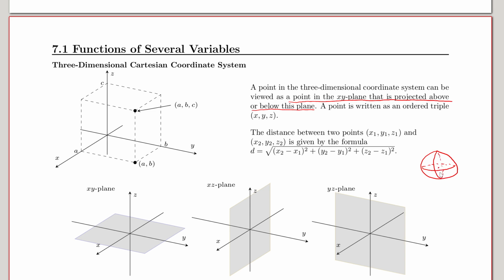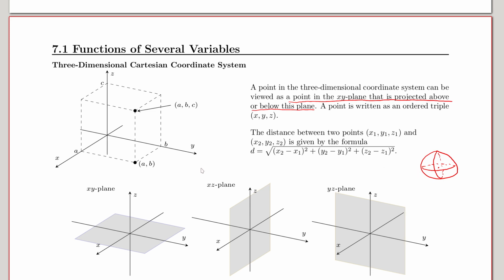But this is still a 2-dimensional piece of paper or screen. And so it's what we would call an embedding of 3 dimensions into 2 dimensions. So we're not going to be drawing too many things by hand here, just because it is really that difficult. But we will do mathematics there, and we will do calculus there.